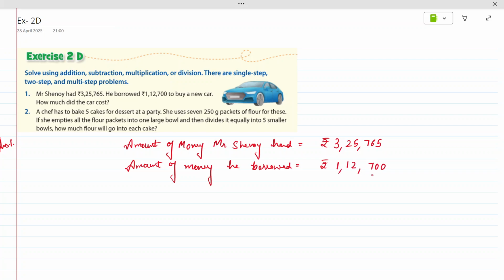And what we have to find out? We have to find out the cost of the car.